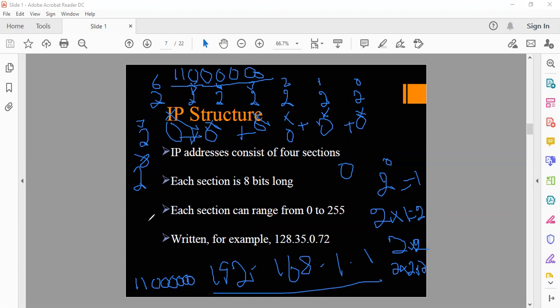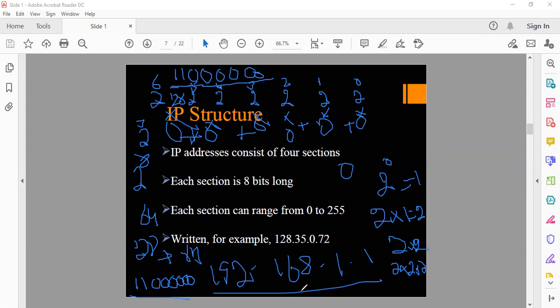At 7 we have 64, while at this bit we have 128. 128 plus 64 becomes 192. This means the computer understands this 192 in the form of 1 1 0 0 0 0 0 0.